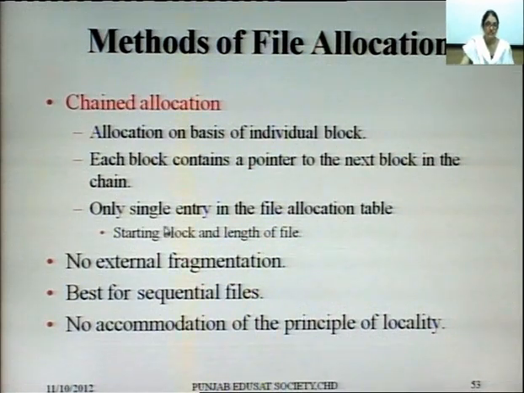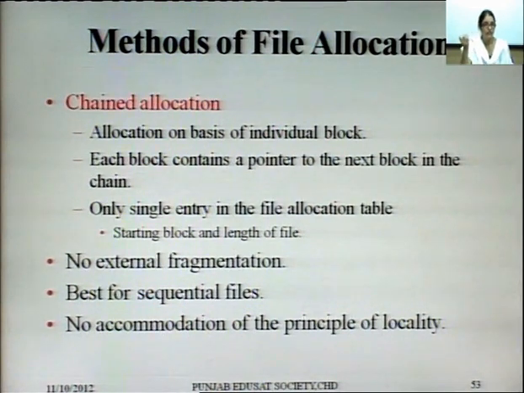So only a single entry in the file allocation table will be there, that is the starting block and the length of the file. As compared to contiguous allocation, in chained allocation there is a chain of records and one block pointer is pointing from one block to another block.